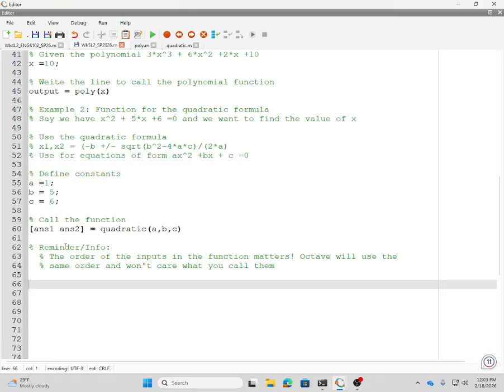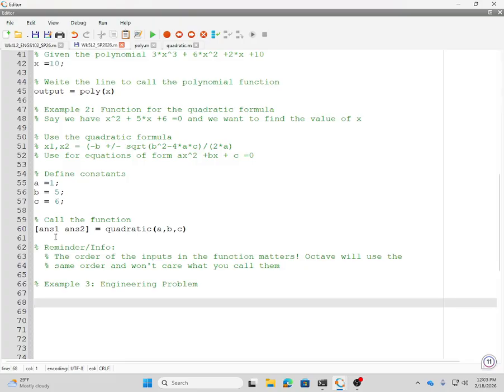All right, so then we're going to start with example 3. So that's the engineering problem. So let's start with that.